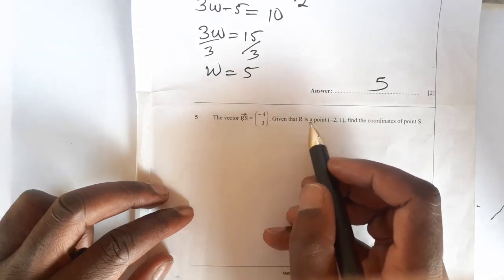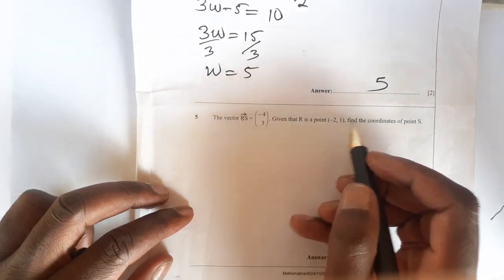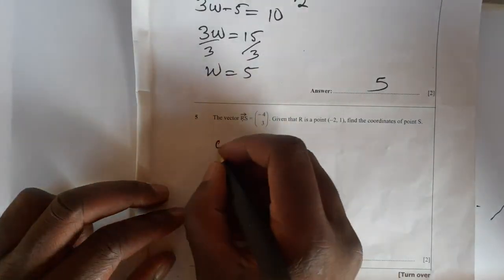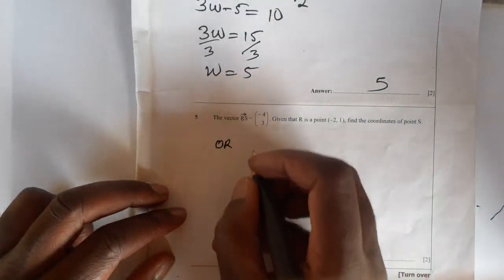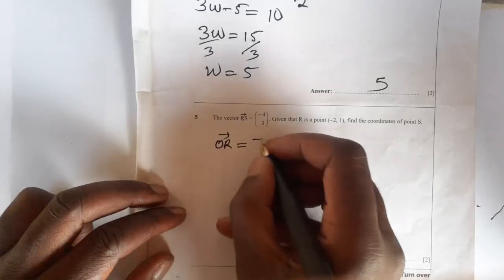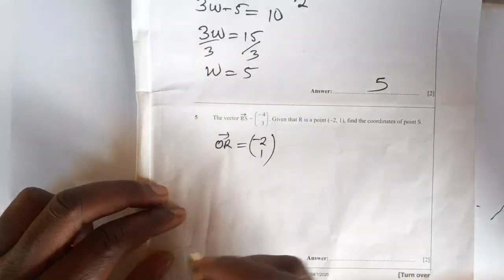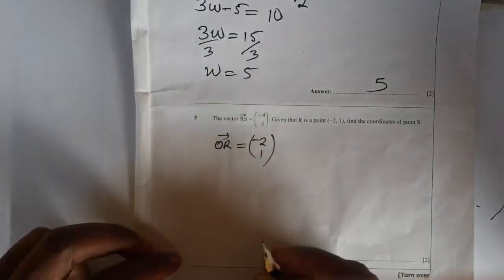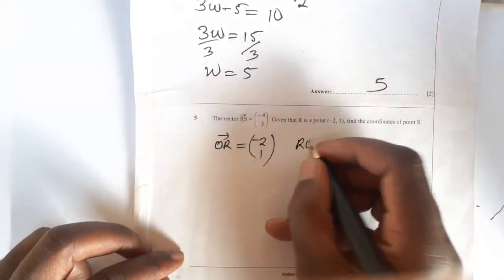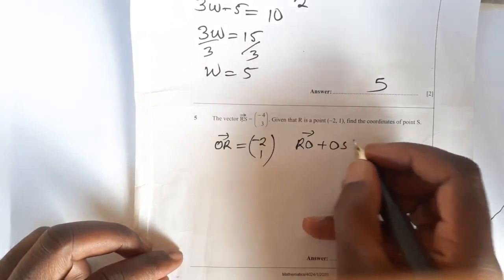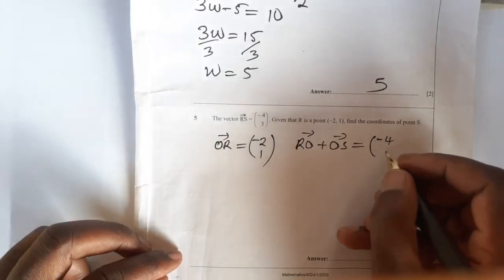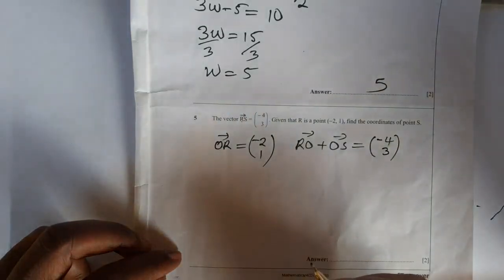Given that R is the point (-2, 1), find the coordinates of the point S. So OR, which is a position vector, is (2, -2, 1). Here, in the form of a vector, this is RO plus OS is equal to what we are supposed to get: (-4, 3).